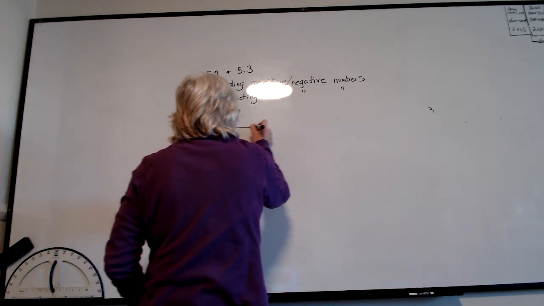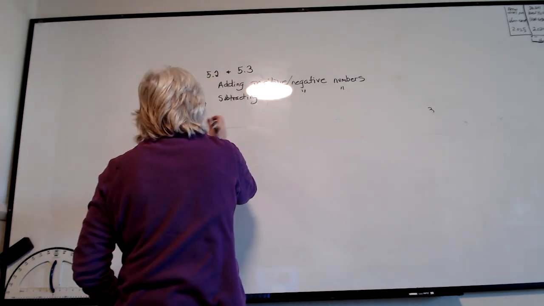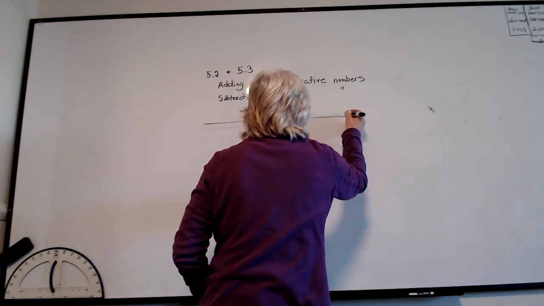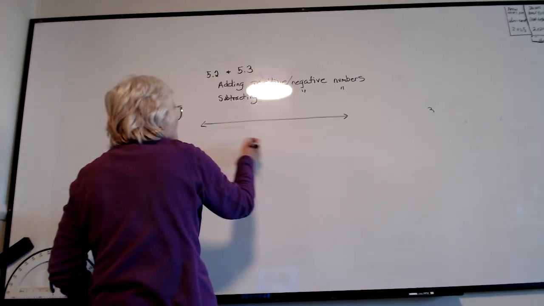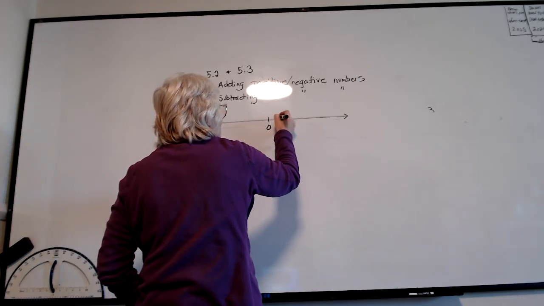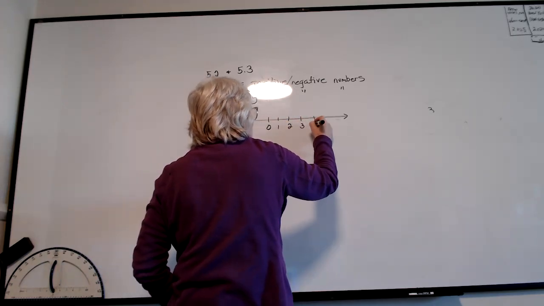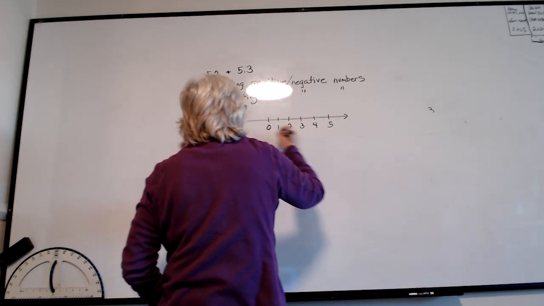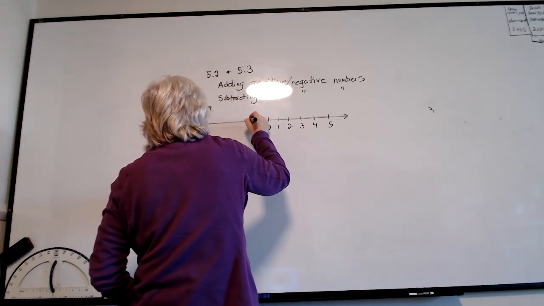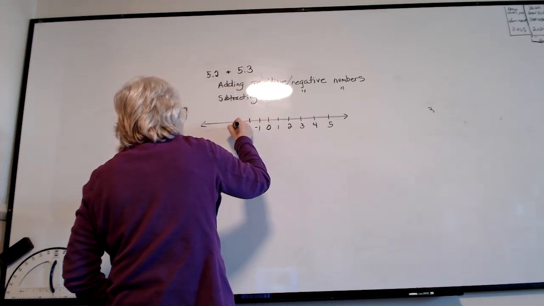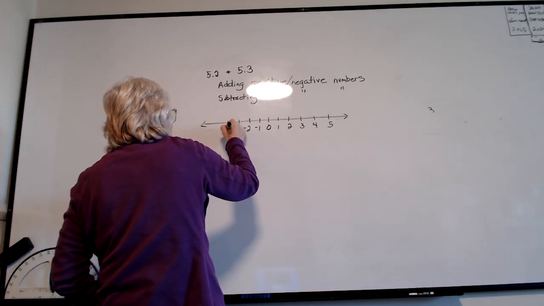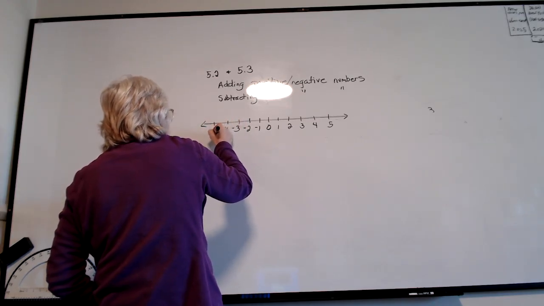Okay, so we are going to start just with a number line. I'm going to start with integers at this point. So here's 0, 1, 2, 3, 4, 5, -1, -2, -3, -4, -5.